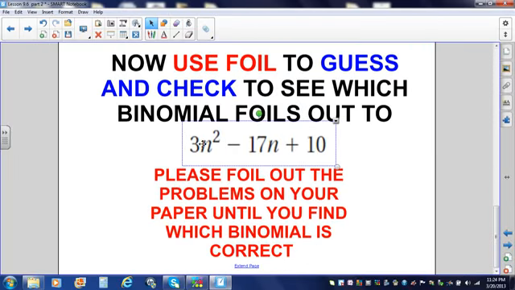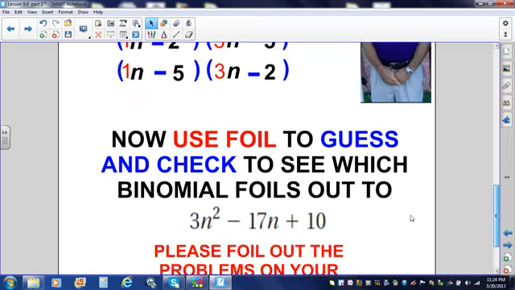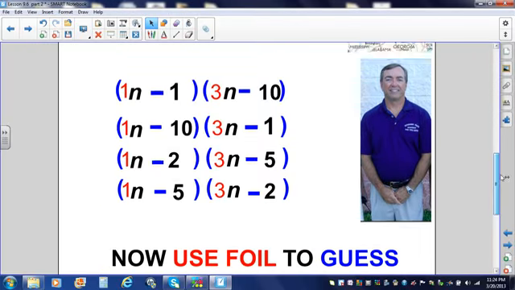One of them should FOIL out to this trinomial. So, please FOIL out these binomials until you find the one that gives you the correct answer.